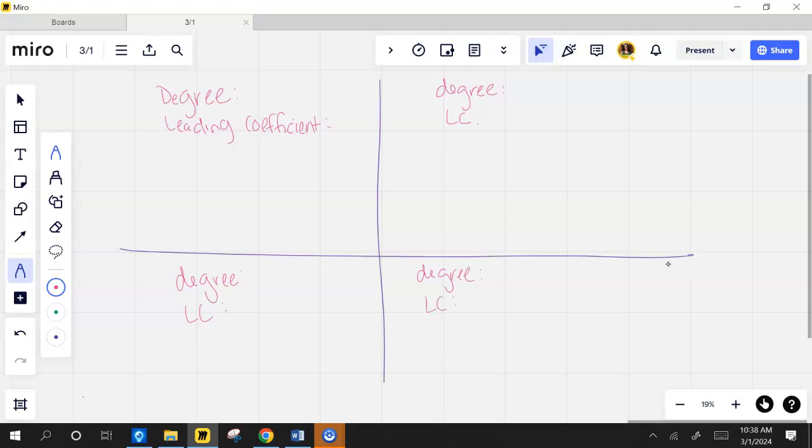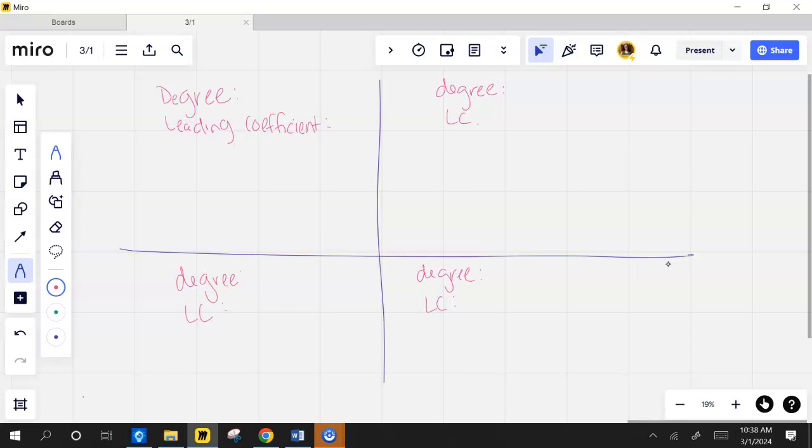Now, here's the cool thing about end behaviors. There's only 4 different situations that I could be in, right? Both ends could go up, both ends could go down. They could go in opposite directions this way or opposite directions that way. There's no other possible combination of end behaviors. There's just 4. So if I could figure out based on the equation, I wouldn't even have to graph it to determine the end behavior. So here's what I'm going to do.